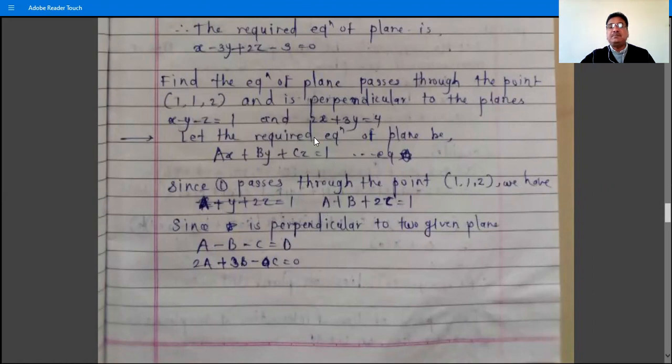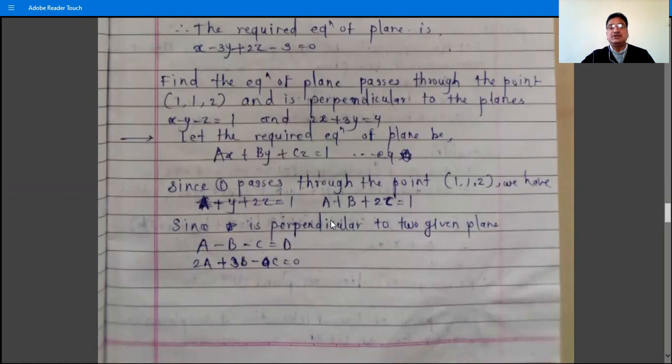Then, since the required plane is perpendicular to both of these planes, using the condition of perpendicularity of two planes, we have a1 a2 plus b1 b2 plus c1 c2 is equal to 0. So a into 1, that is a, then b into minus 1, that is minus b, and c into minus 1, that is minus c is equal to 0.